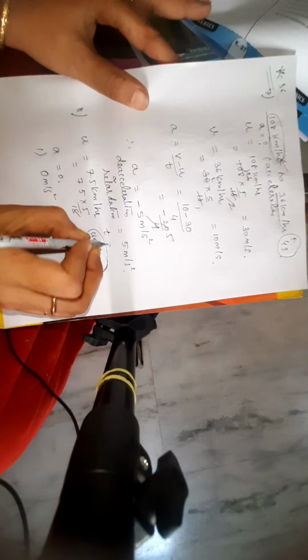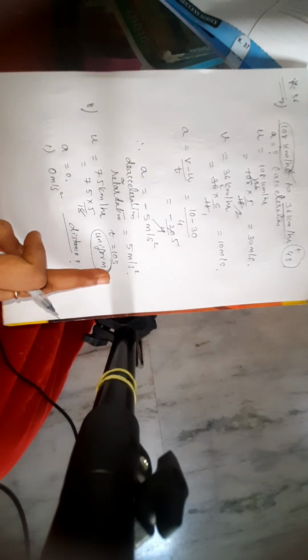It traveled for 10 seconds. Time is given, 10 seconds. Now, as we know speed and time both, to calculate distance, distance is speed multiplied by time. So acceleration we already got. Distance is speed multiplied by time.